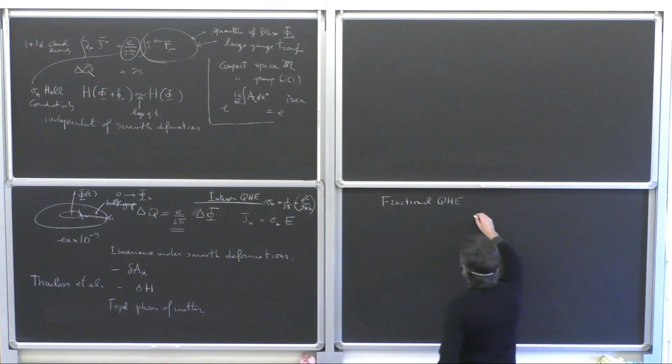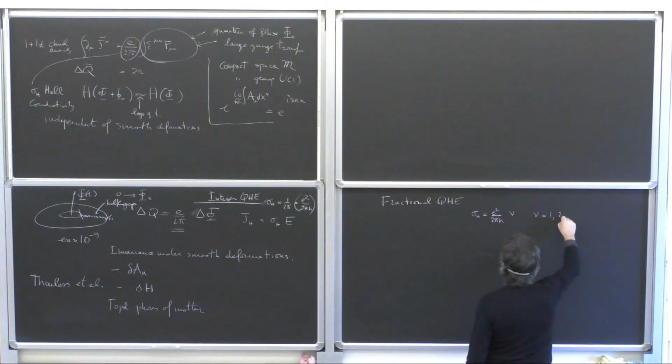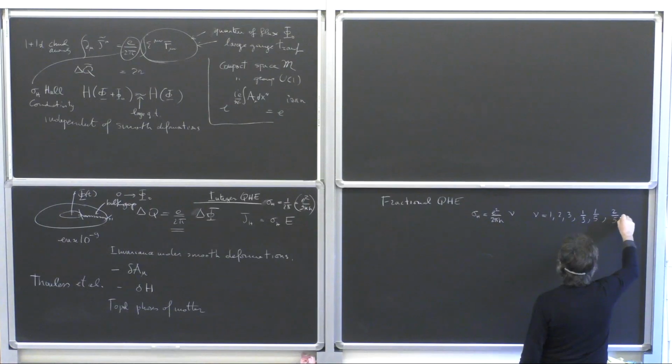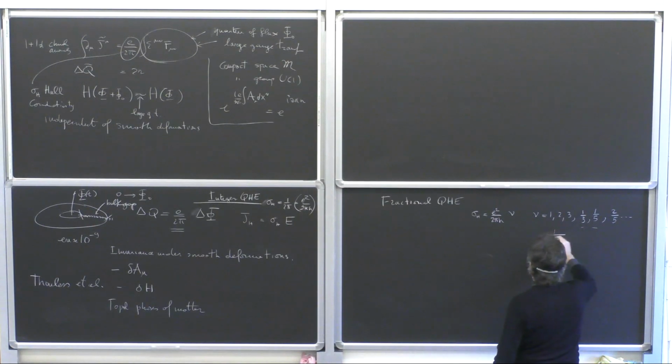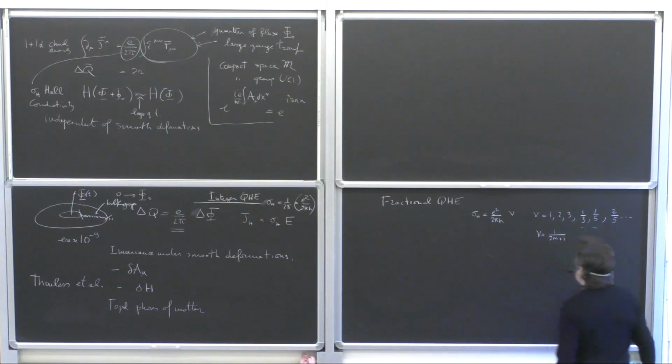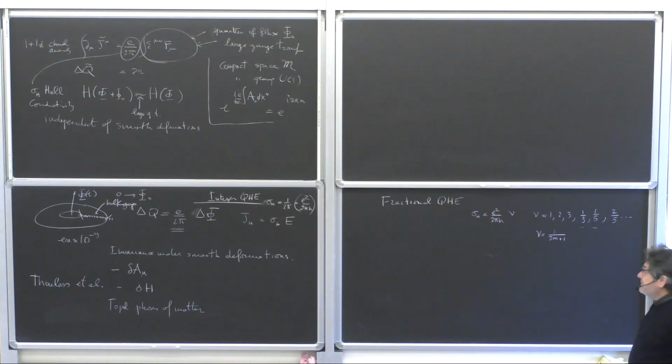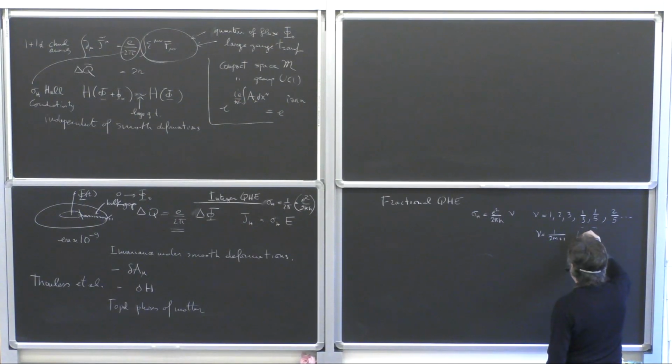So sigma_H takes a number of fractional values, especially these numbers which are 1 over odd values, which are called Laughlin states.